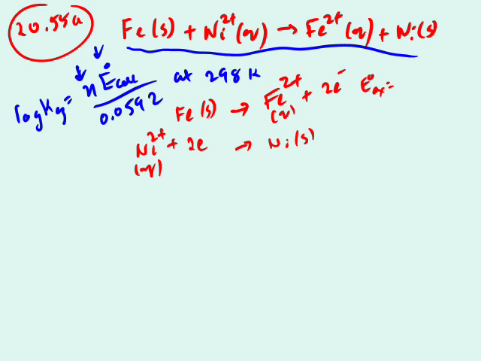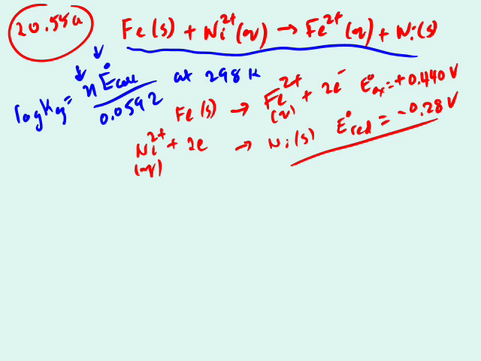Keep the magnitude same, change the sign, because if you change from reduction to oxidation, you basically reverse the reaction. So this becomes plus 0.44 volt. The next one is the reduction half cell reaction, and that value we can just copy as it is, minus 0.28 volt.